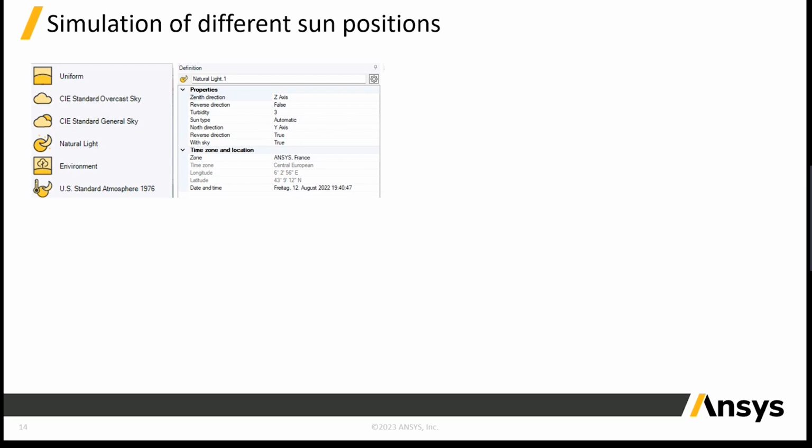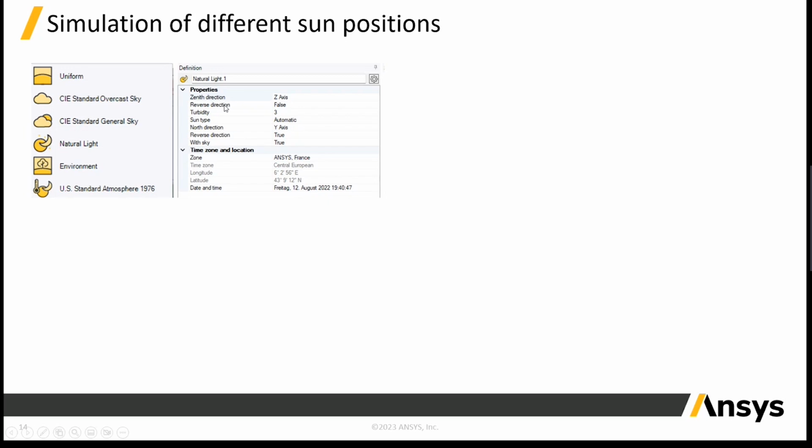Okay. With Ansys Speos, you have also the possibility of different sun positions that you can simulate. Therefore, Speos provides several ambient sources, which you can see here: just uniform or different CAE standards, natural light, and also you can load an HDRI, for example, to have an environment when you're looking out of the window.